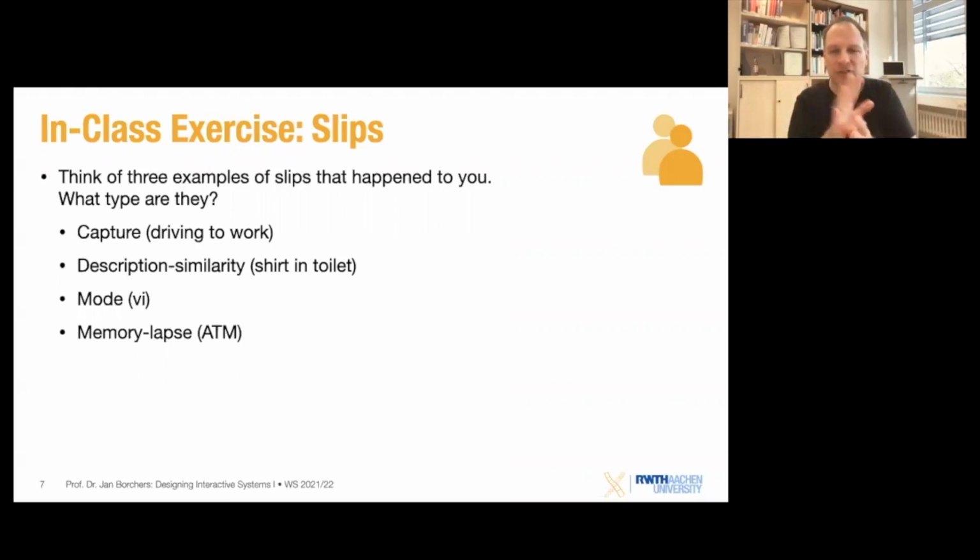It got confused and was applied to the wrong object, for example. Mode errors, very prominent in software user interfaces. We talked about VI at length. Or the memory lapse ones, where you basically forget part of the action sequence, for example, because the main goal has been achieved, like in the ATM.